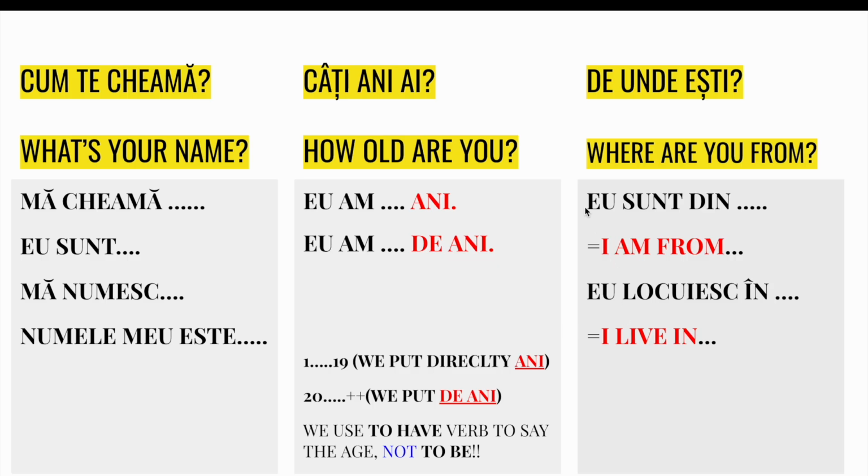We can say "eu sunt din România," I am from Romania, "eu locuiesc în Italia," I live in Italy. For example, you are born in a country, but you are living in another country at the moment. You can say, "eu sunt din România, eu locuiesc în Italia."